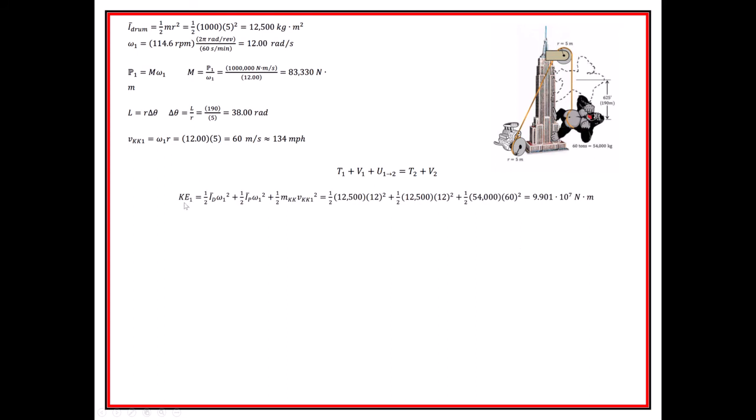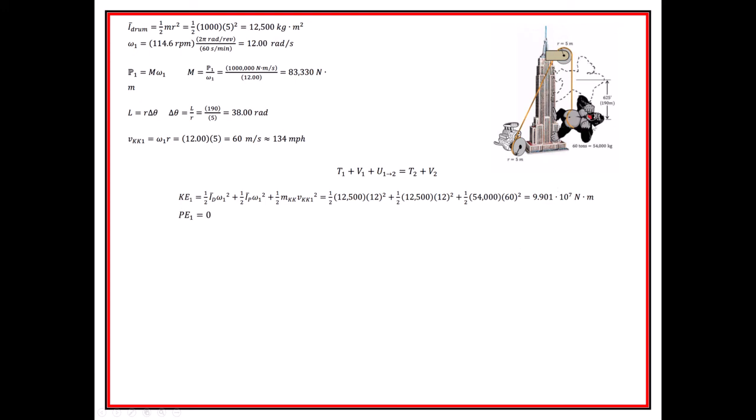The kinetic energy at the beginning is going to be the disk right here times omega 1, and then the pulley has the same angular velocity too, because the rope is going around it, so its tangential velocity is the same as the one down here, therefore it has the same omega. And then we also have the translational kinetic energy of King Kong, and we end up with 9.901 e to the 7 Newton meters. It's a lot of kinetic energy.